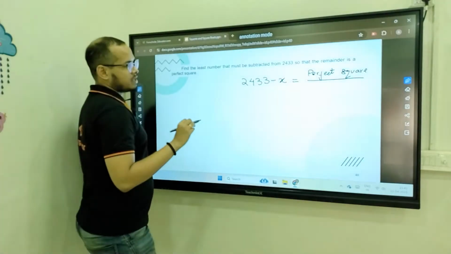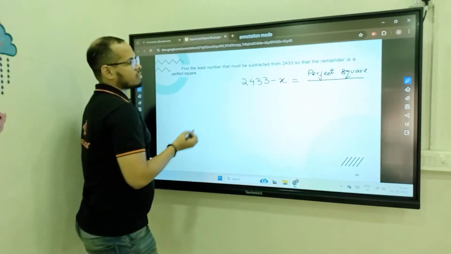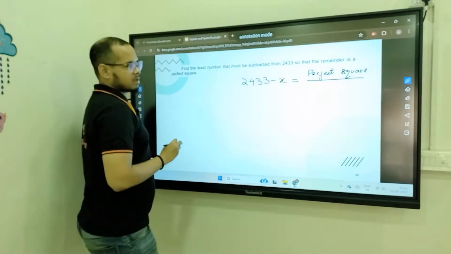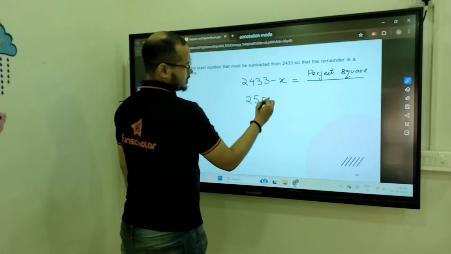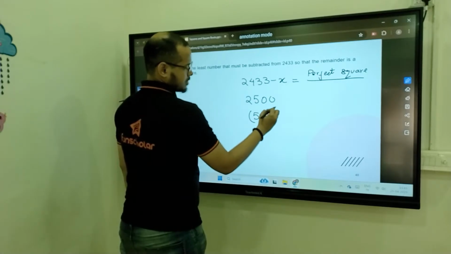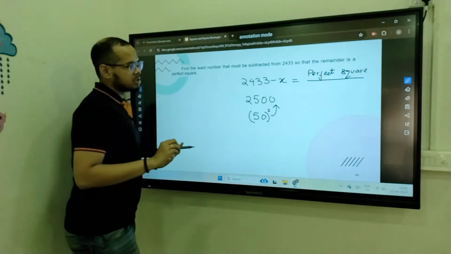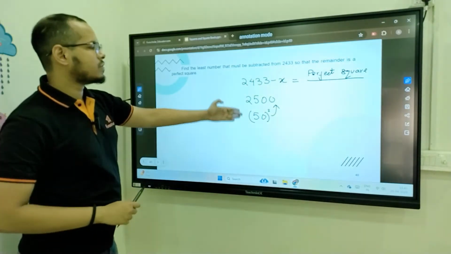So let's find out what is the closest perfect square to this number. Okay, so we know that 2500 is the perfect square of 50. Okay, now let's find something.